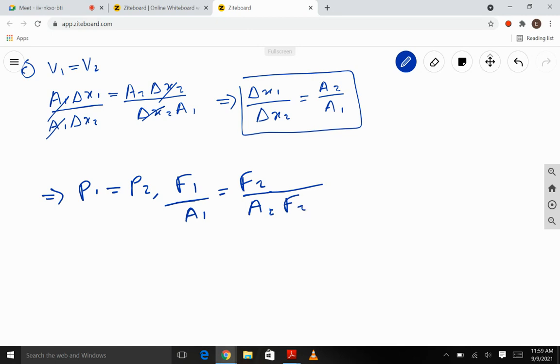I divide by F2, then F2 there, right? So when I cancel that, what am I having? I'm having F1 over F2 equals A1.